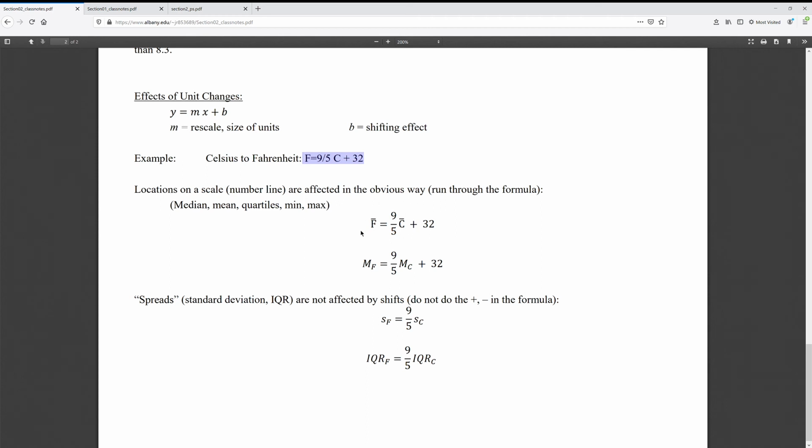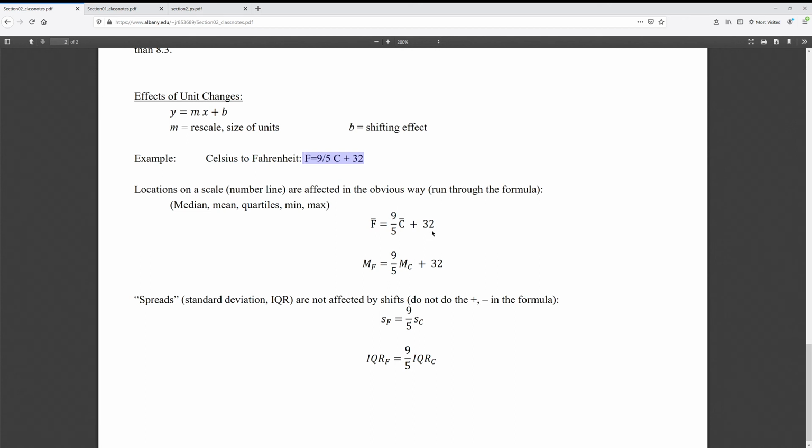So the bottom line is that if you've got these various things we've computed for a bunch of temperatures, mean temperature, median temperature, standard deviation of temperatures, IQR of temperatures, then the mean temperature, call it F bar and C bar here, the mean Fahrenheit temperature is going to be 9/5 times the mean Celsius temperature plus 32.